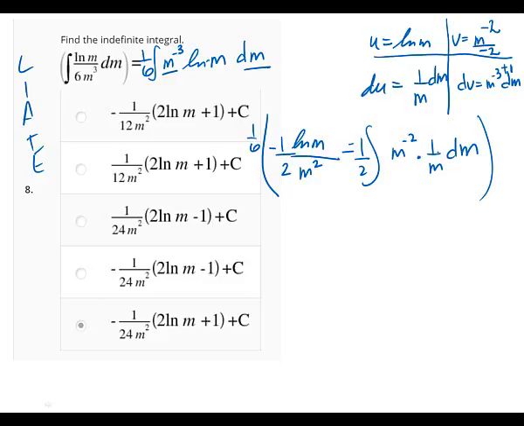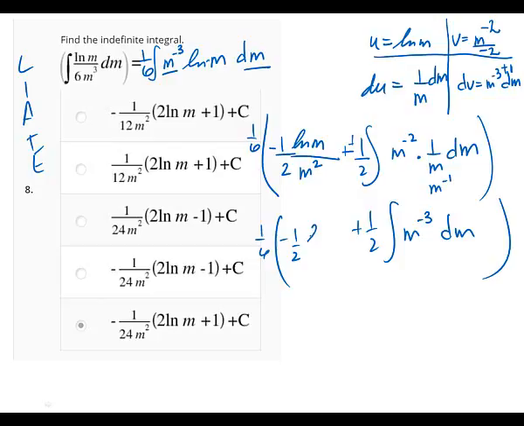So, all right. This one right here, I'm going to rewrite before I try to integrate that piece. Isn't this really m to the negative 1? So I really have m to the negative third dm. And I still have this 1/6 in front of the whole thing, and I've got a negative 1/2 ln of m over m squared.